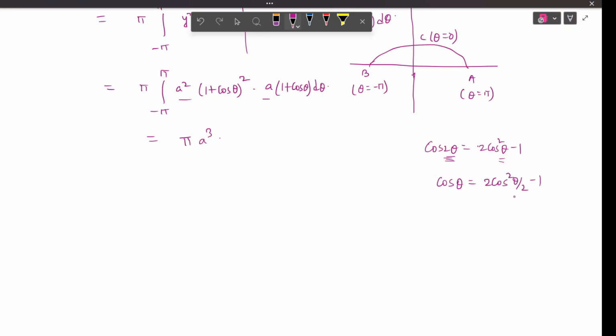So if we have theta by 2 here, we will have theta here. So 1 plus cos theta would be 2 cos square theta by 2. So we have cube here. So 2 cube it is 8. And we have multiplied by 2 square.